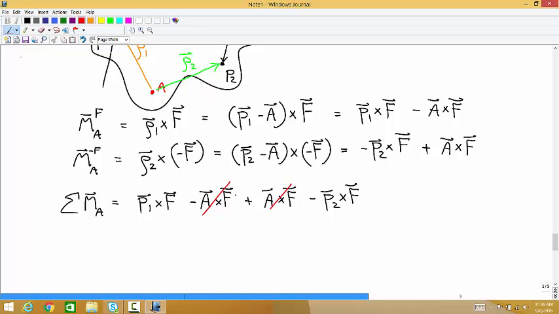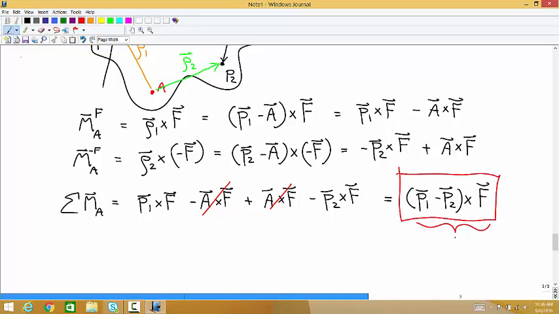And that was the only place that the dependence on A came into the calculation. And now you can rearrange this, and you get the quantity P1 minus P2 crossed with F. So this is an expression for the moment of a couple.